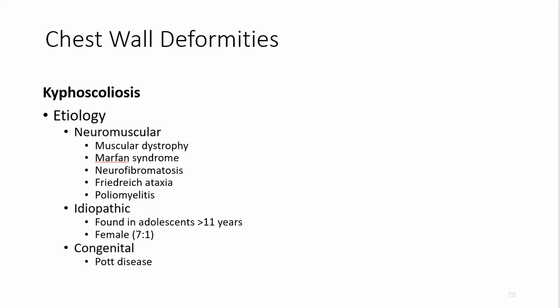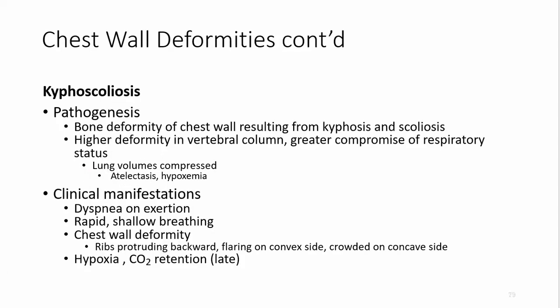These are skeletal things, and what it matters to the respiratory system is that it prevents the lung volumes from being full. It can increase the pressure and so therefore cause atelectasis.